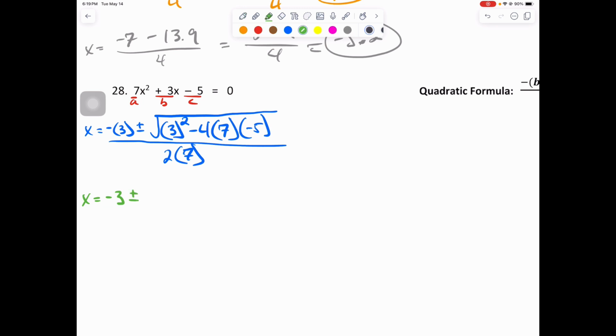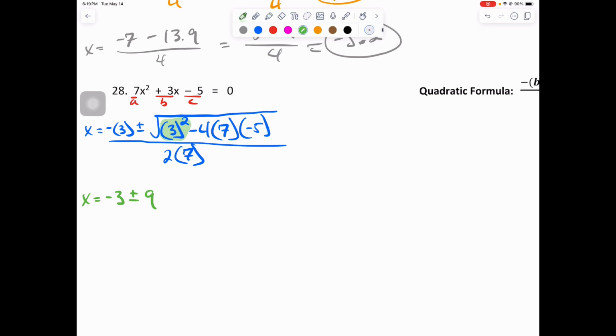All right, now from here, we have to work it just a little bit at a time. We're going to take our 3 squared, and I want you to do 3 squared in your calculator if you're uncertain, but it will give you 9. All right, from here, I want you to do negative 4 times 7 times negative 5.